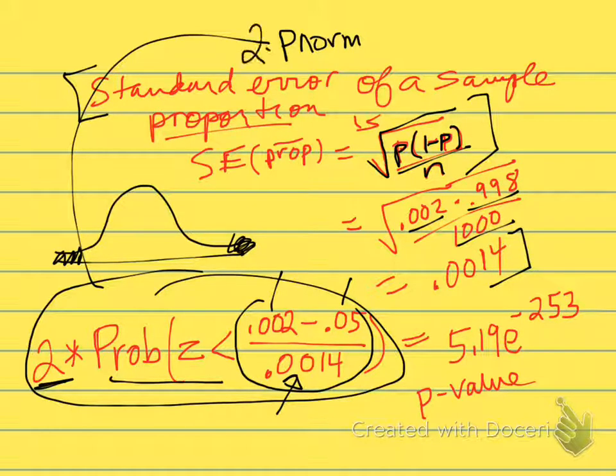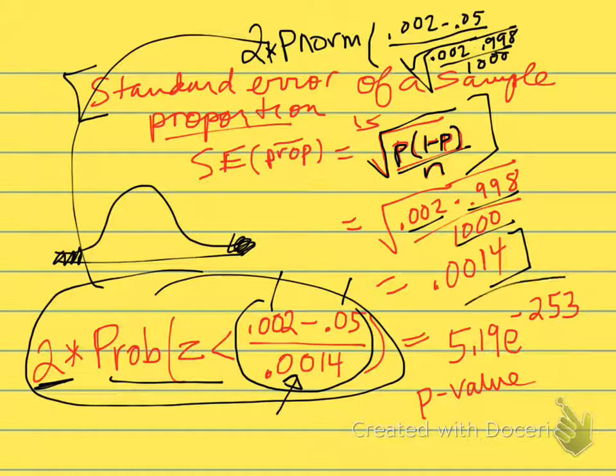Well, we'd go 2 times pnorm of 0.002 minus 0.05 divided by the square root of 0.002 times 0.998 divided by 1,000. The 1,000's in the square root too, right? So the square root's all that, right? And that gives us 5.19 e to the minus 253. 253 zeros and then 5.19.